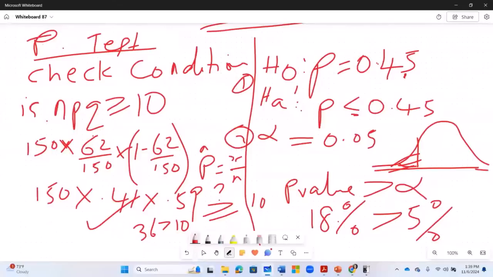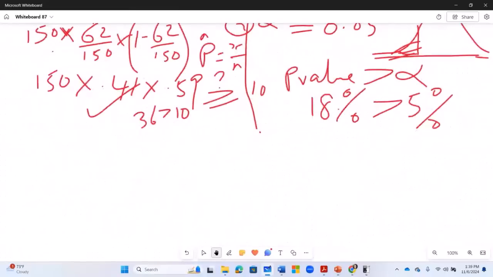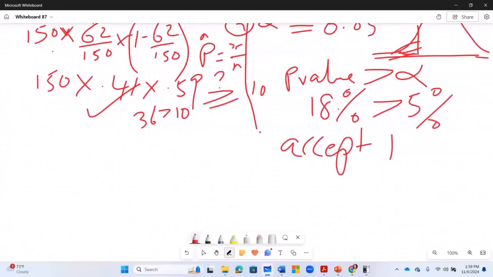Because the p-value is greater than alpha. So that's what I'm going to write now. Accept the null. Accept the status quo, H0. And this status quo says that P is equal to 0.7. Therefore, the status quo is still good.